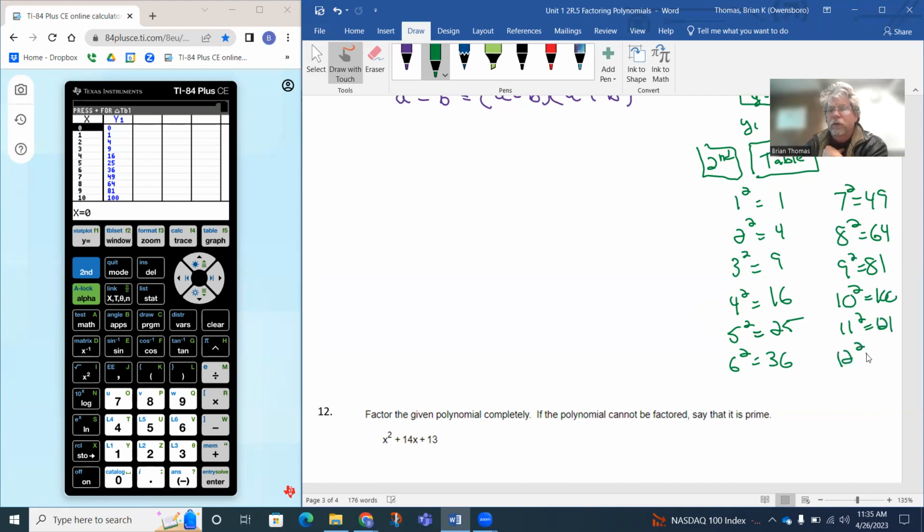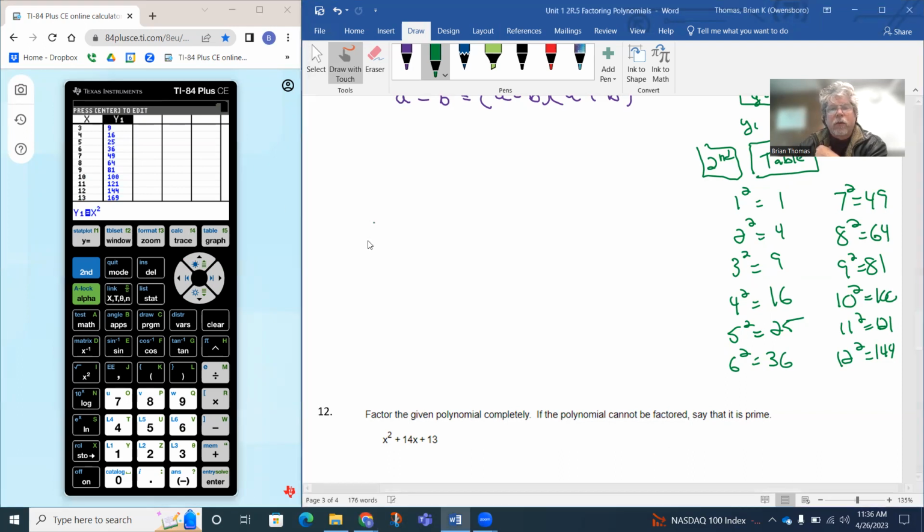And 12 squared is equal to 144. So if we look down through there, you can kind of see these are our perfect squares. And the numbers to the left are what's squared. That gives you that. So notice how 13, if I square it, it's going to give me the 169. 12 squared gives me this 144. So I have this table of squares.